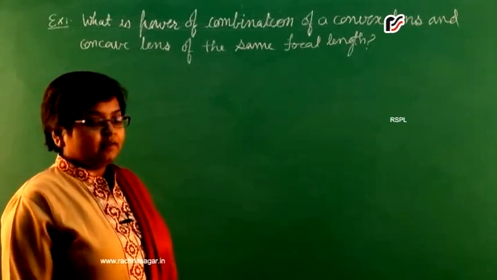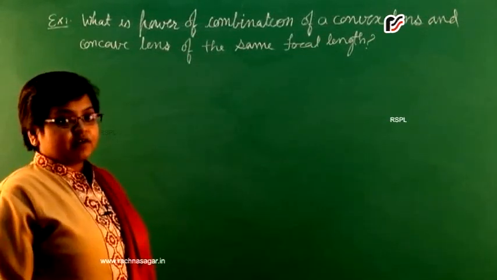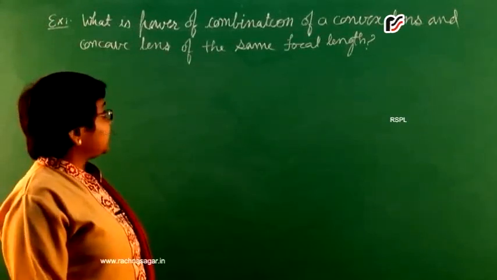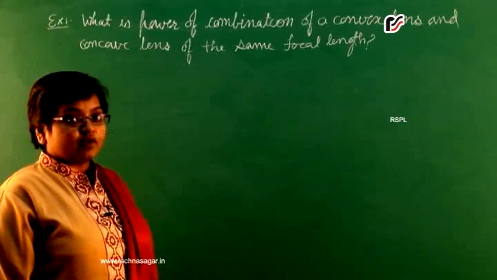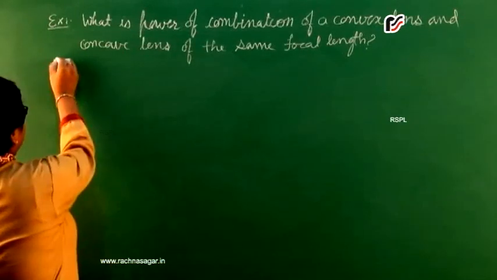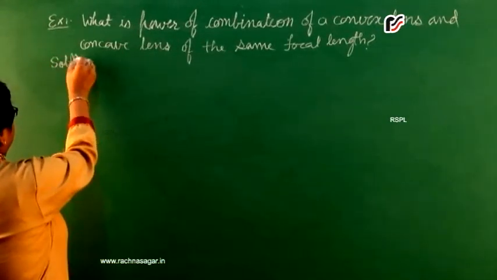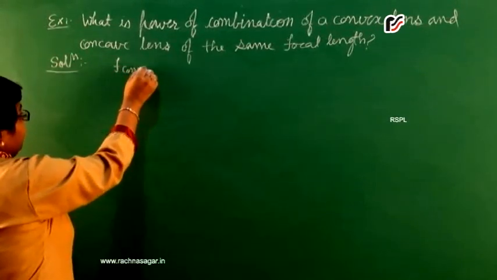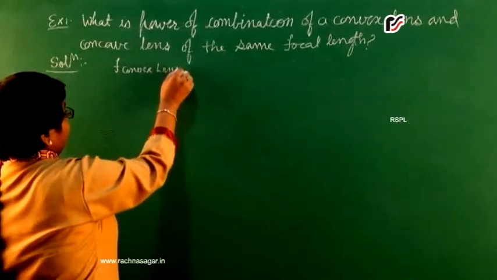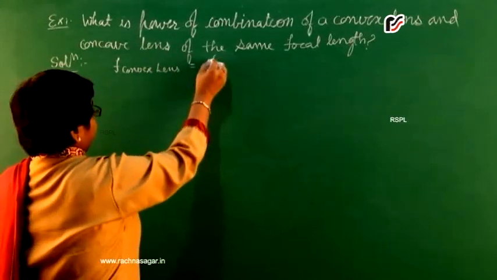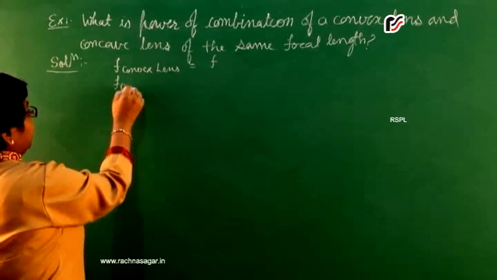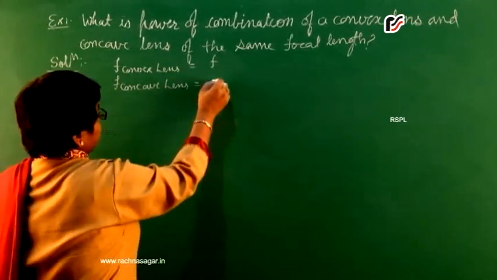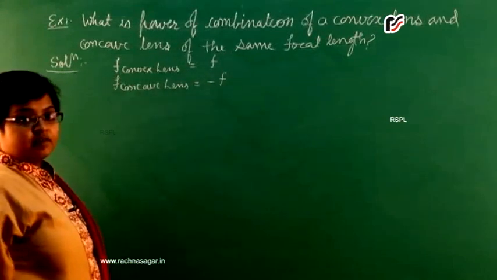Now we discuss a numerical. What is the power of combination of a convex lens and a concave lens of the same focal length? The focal length of the convex lens, say, is f, and the focal length of the concave lens is minus f.